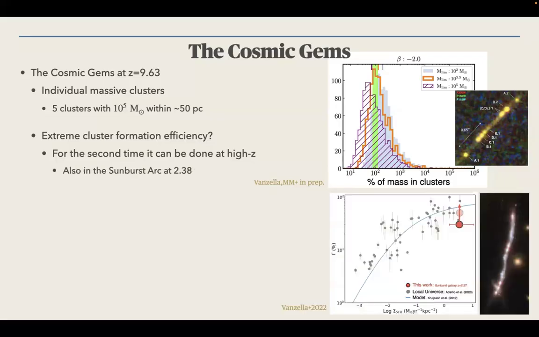And actually, this is the second time we are able to do this kind of trick, to see individual clusters at high redshift and understand the efficiency of cluster formation, which is otherwise done only at low redshift.